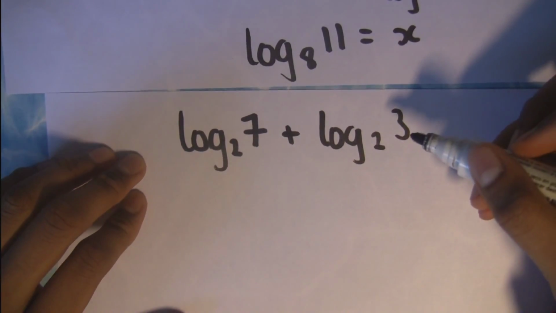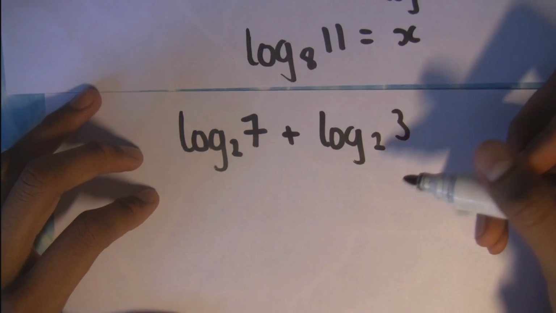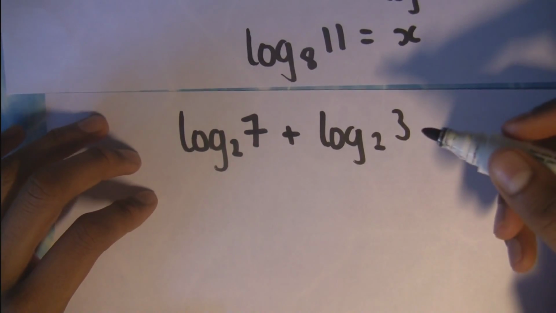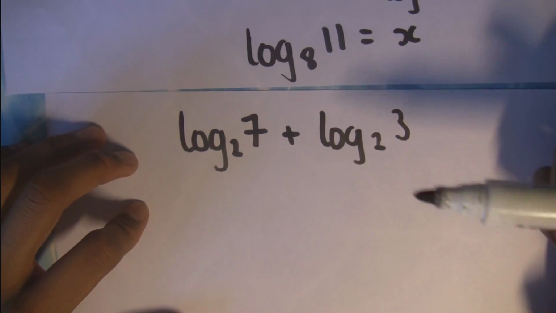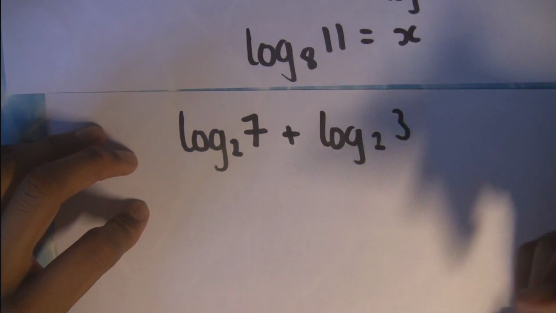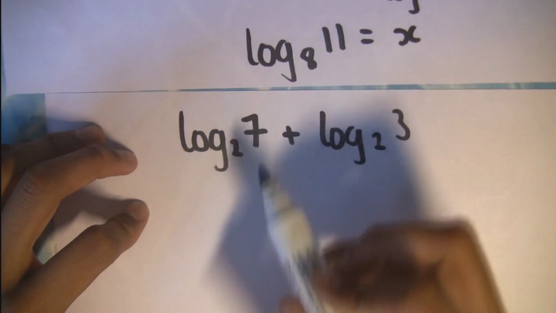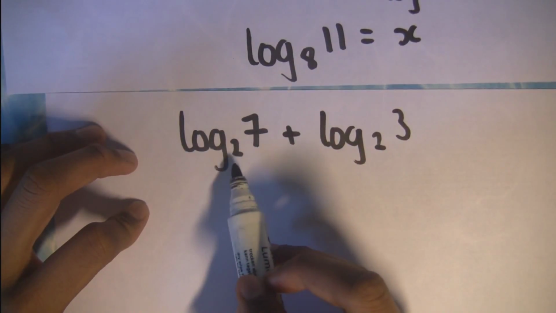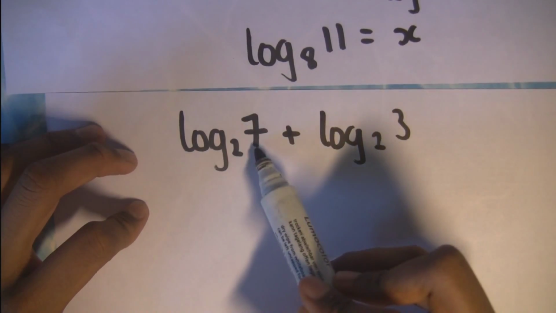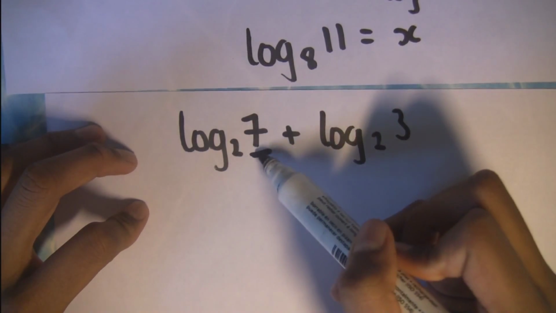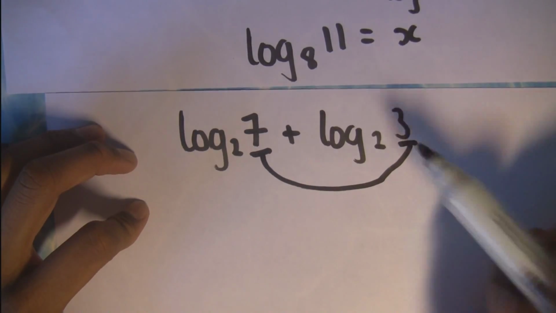Now you might be asked to simplify this in an exam or work this out. Obviously you will usually have a calculator to do this, but if you want to work out what this is in terms of one log, which you might have to use in some exams, what you need to know is that logs with the same base, so log 2 here and log 2 here, you can simplify by timesing this number and this number together.